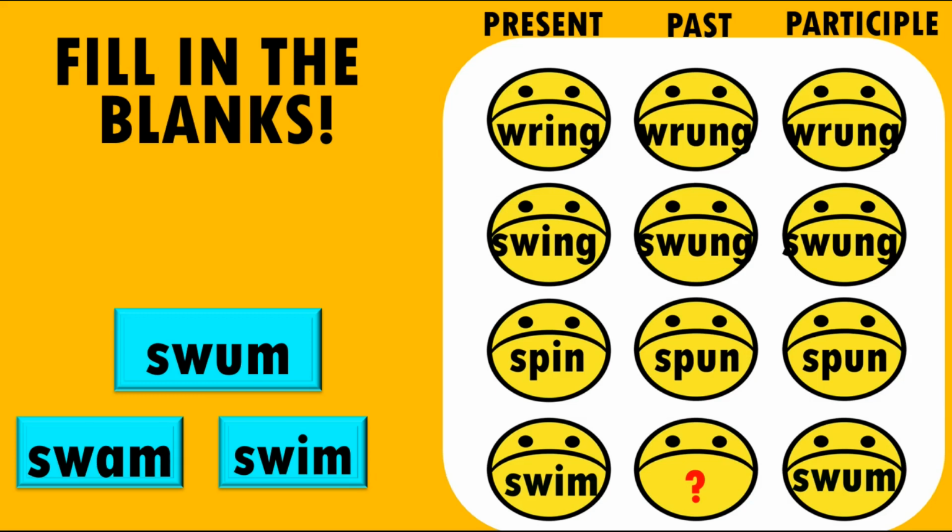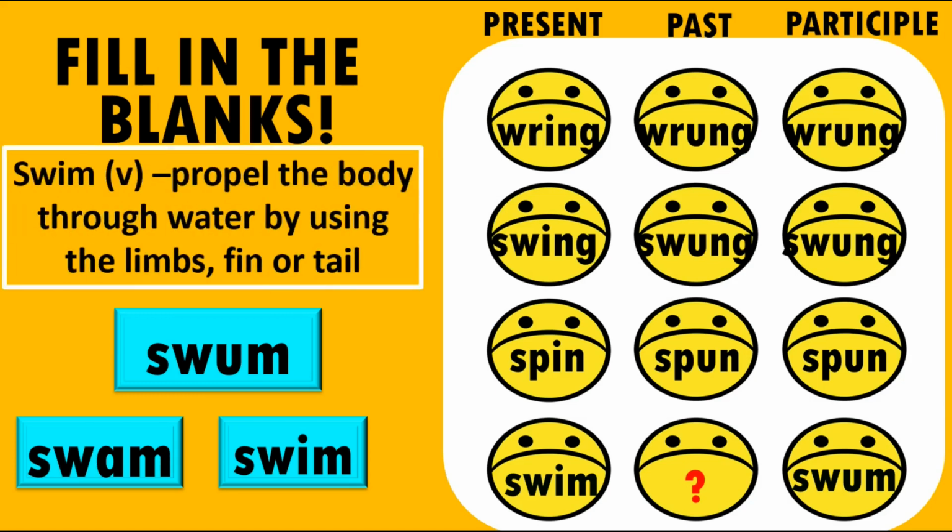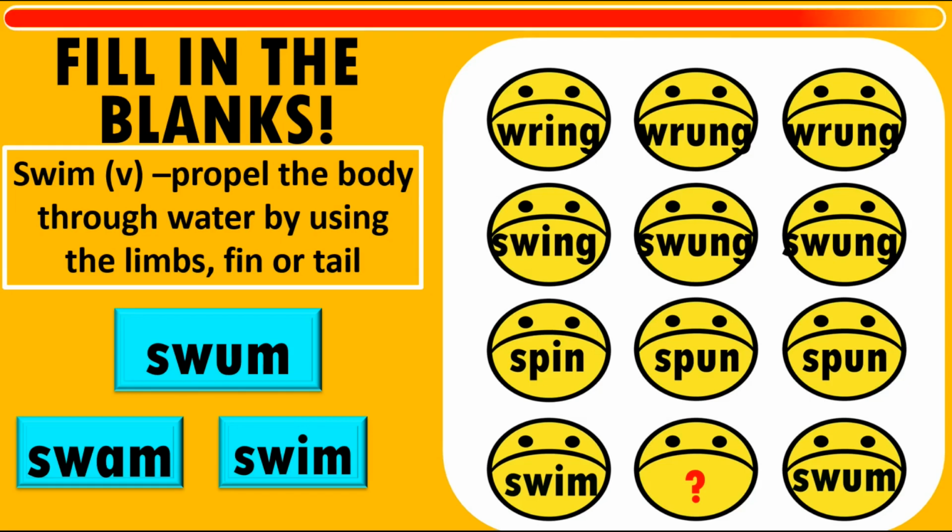So what we want to do, guys, is to ask you, is it the same for swim? What does swim mean? It means to propel the body through water by using the limbs, fin, or tail. Now, guys, remember your task is simple. Choose one of the verbs on your left to go right in the past tense, and your time starts now.